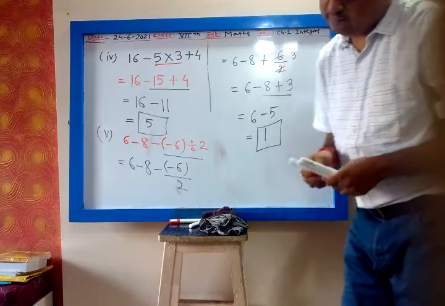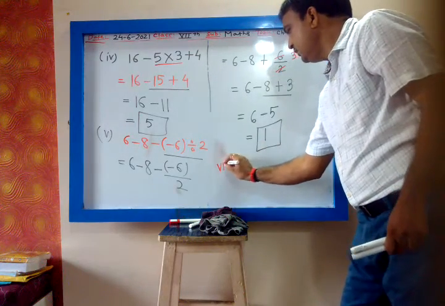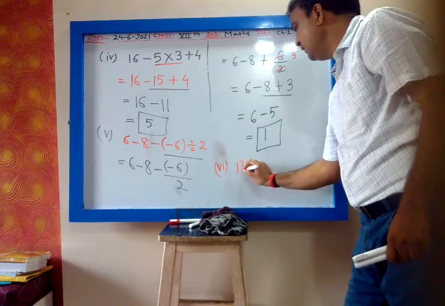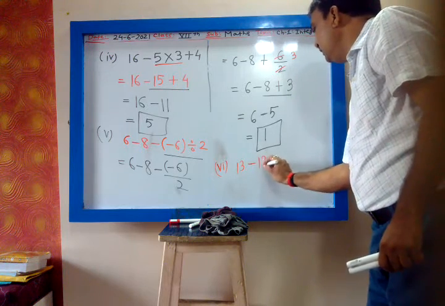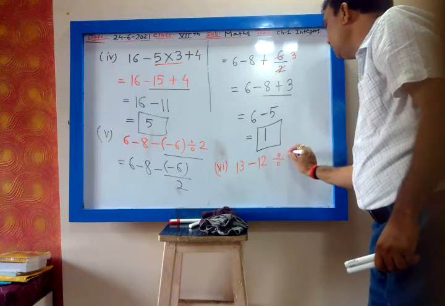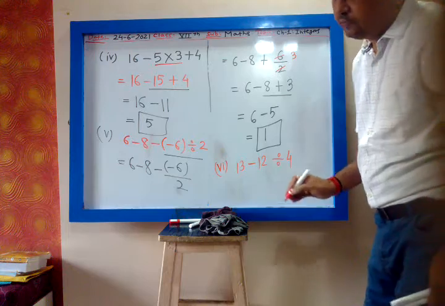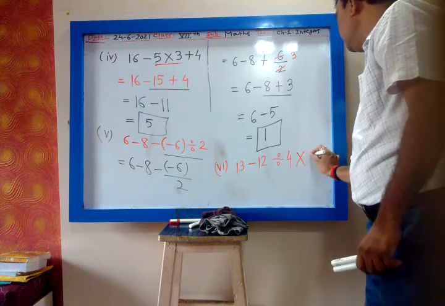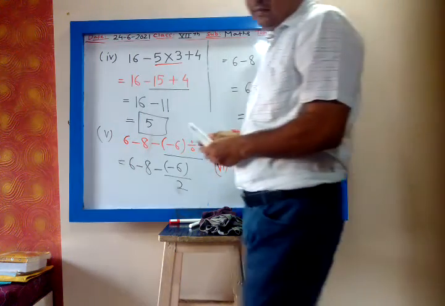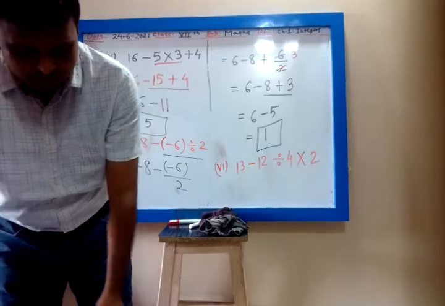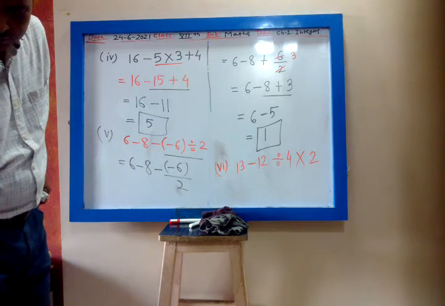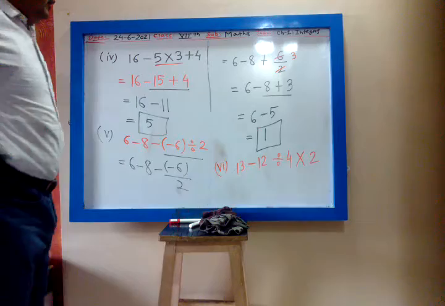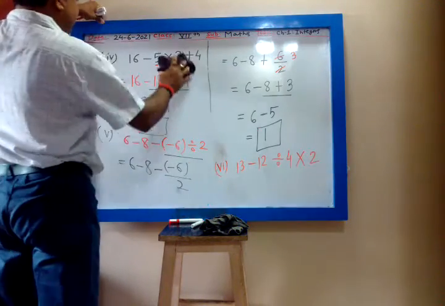Now sixth is 13 minus 12 divided by 4 into 2.